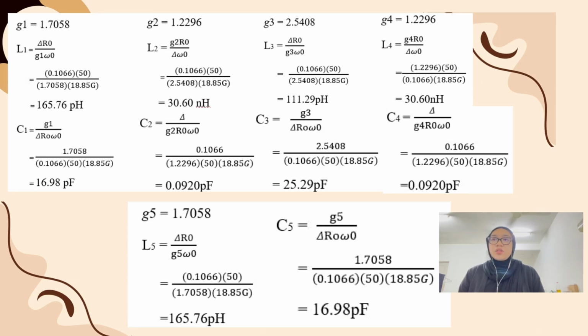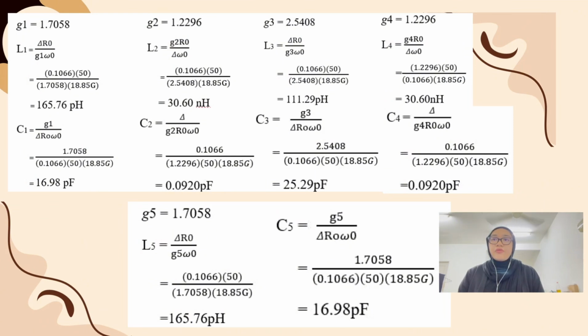For G3 equals 2.5408, the answer for L3 is 111.29 picohenry, and for C3 it is 25.29 picofarad.